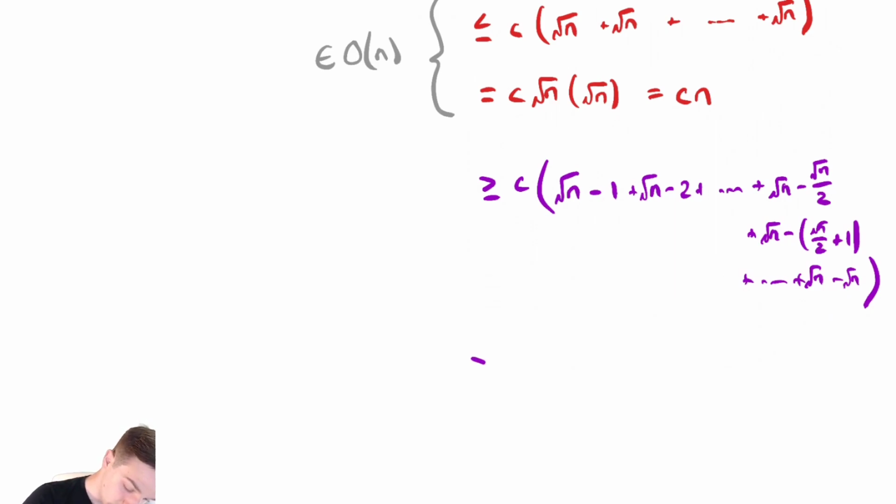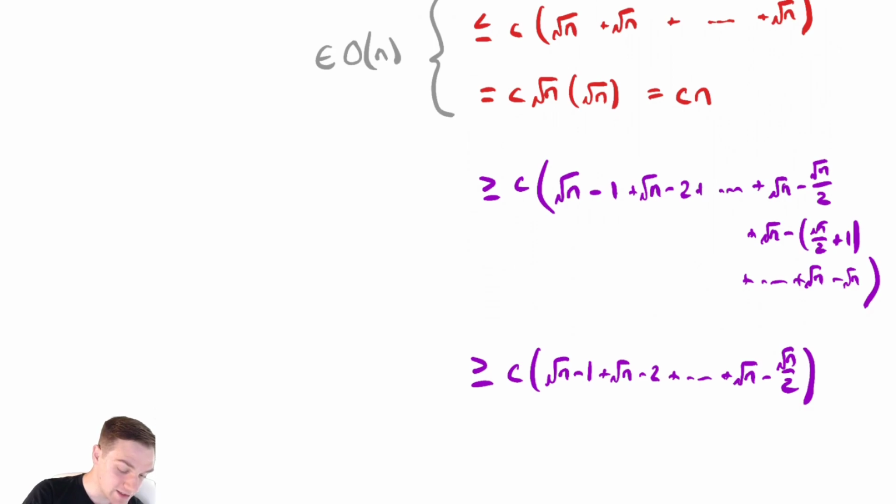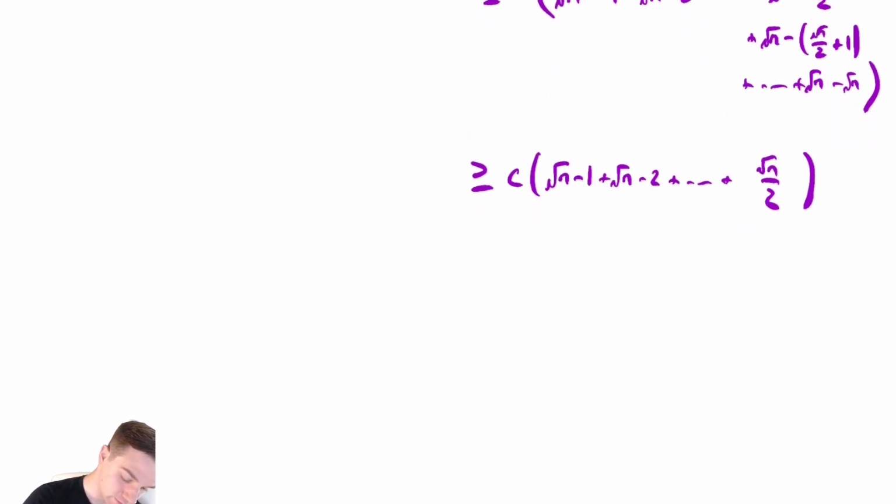So greater than or equal to c times radical n minus 1 plus radical n minus 2 plus down till we have radical n minus radical n over 2. That last term can be simplified, and I'll do that in place here. Radical n minus radical n over 2, something minus the same something over 2 gives you the something over 2. So this is radical n over 2.